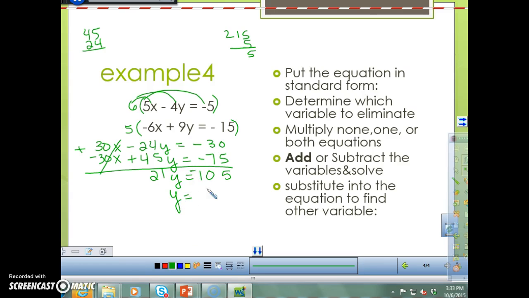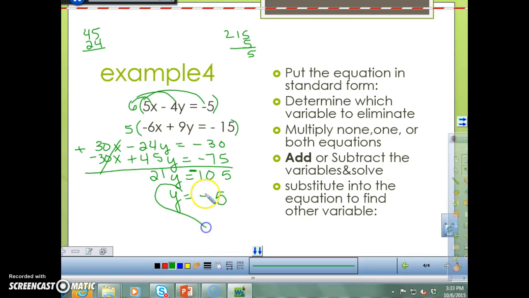So what's 105 divided by 21? I hope it comes out evenly. 105 divided by 21. Yeah. It's a negative 105.